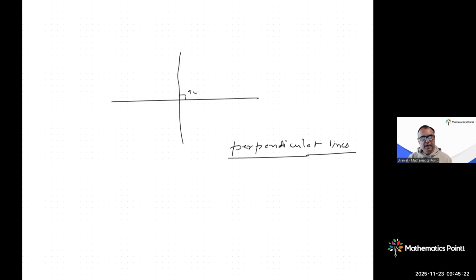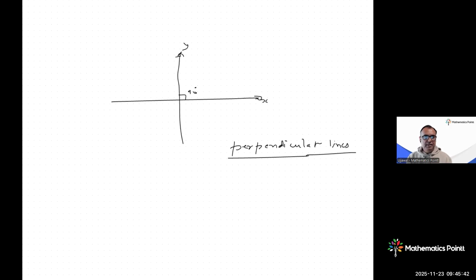So here, the x-axis and the y-axis are perpendicular to each other. They meet at one point, and the angle that they make between each other is 90 degrees.